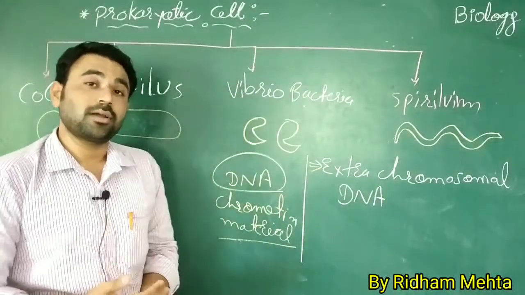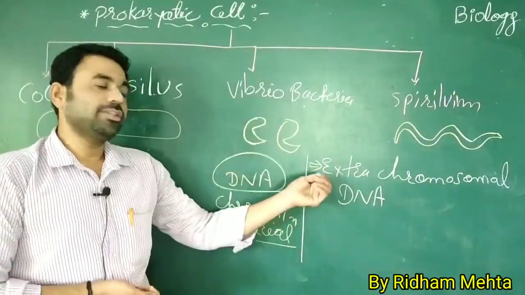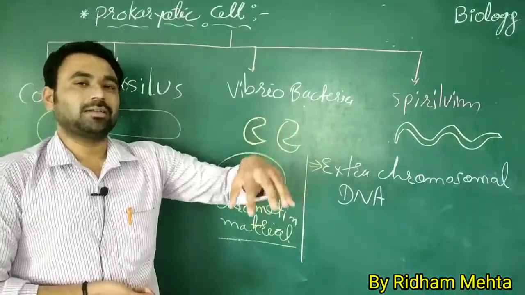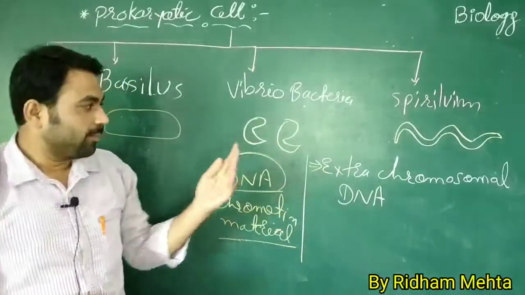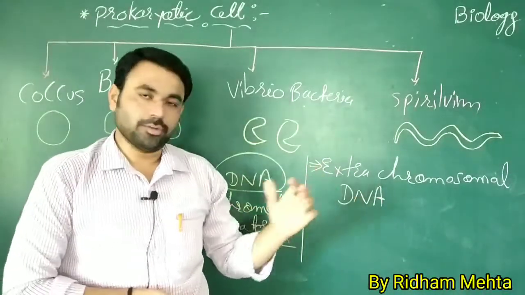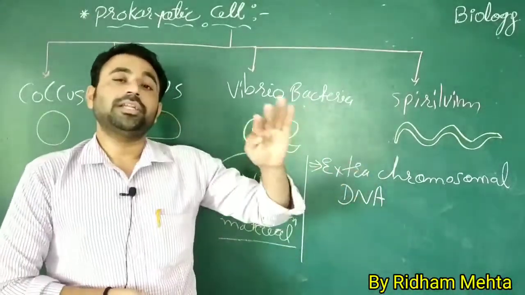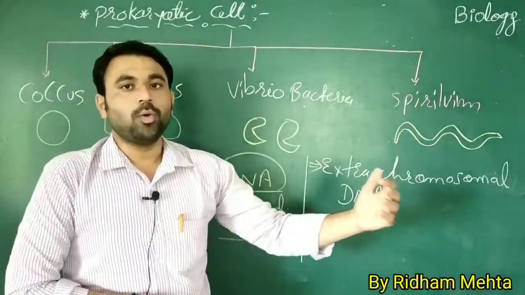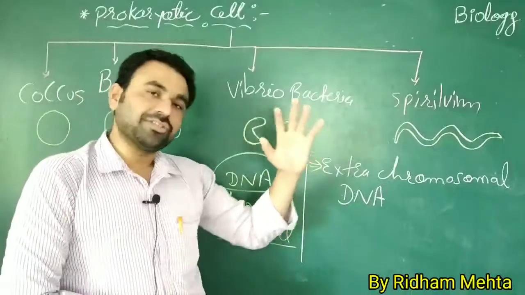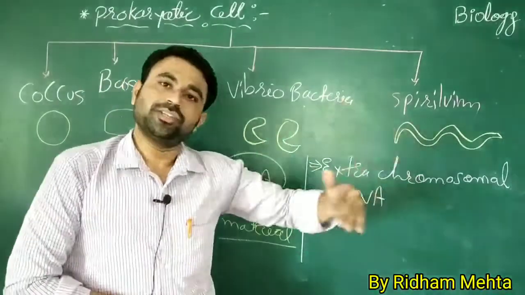Sir, what is extra chromosomal DNA? It is the DNA which does not take part or play a role in inheritance. It is inheritable, but it does not carry the characters of the bacteria. It is just a DNA which is inherited by generation.